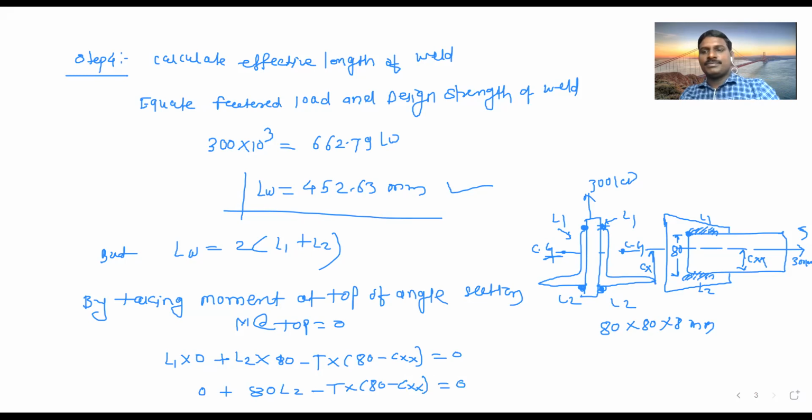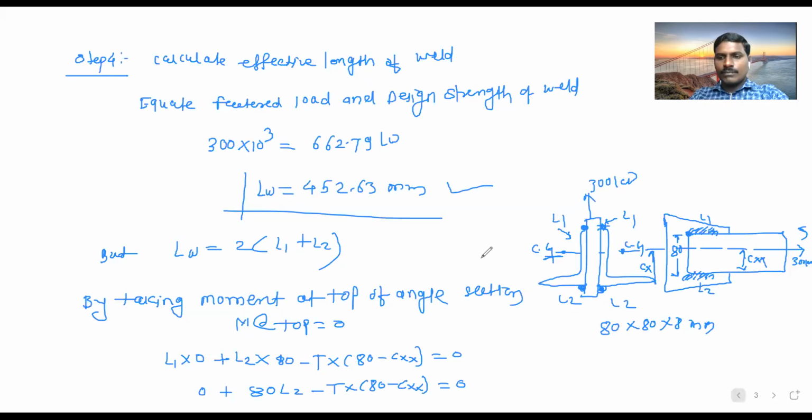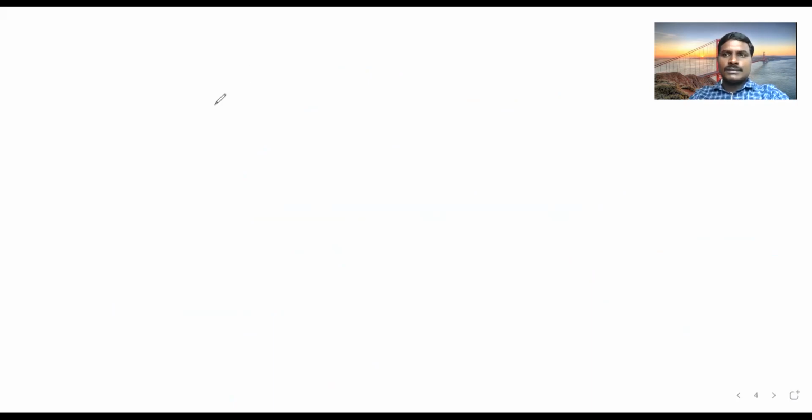Everyone please tell me the value of CXX. Go to the steel table. I think everyone has the steel table. 80 L2 is equal to T into 80 minus CXX.